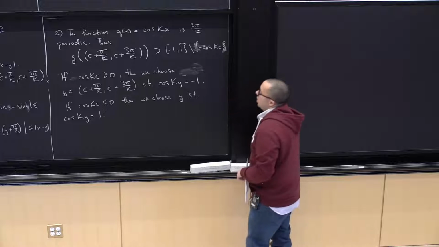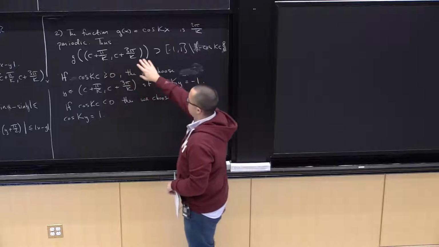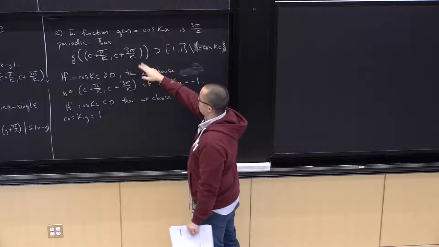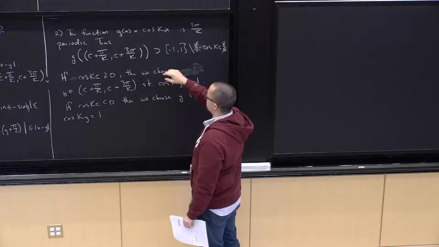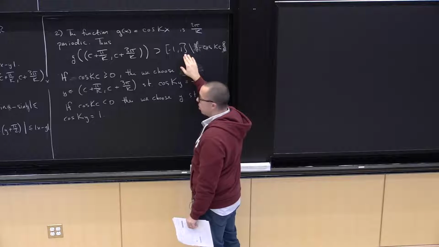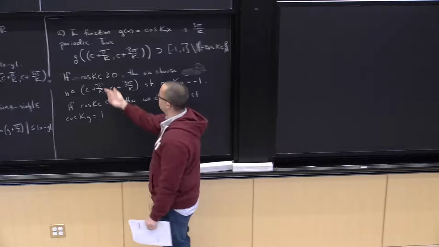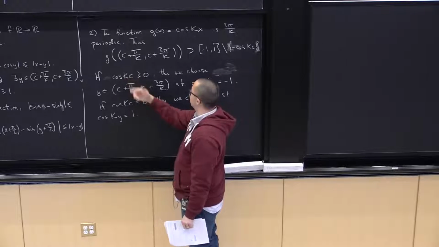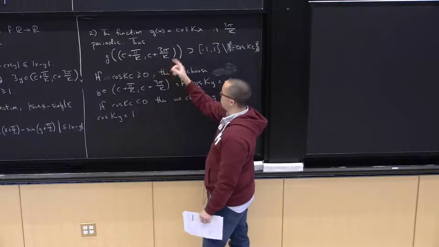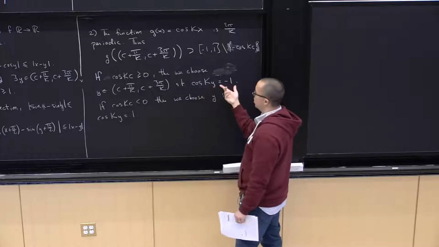Anyway, let's erase this for a minute, and let's imagine that the range of this is a 2 pi over k periodic interval, so this should basically cover all values between minus 1 and 1. So cosine of kc will either be plus or minus. If it's non-negative, then I can find a y in this interval, since it's 2 pi over k periodic, so that cosine of ky equals minus 1.